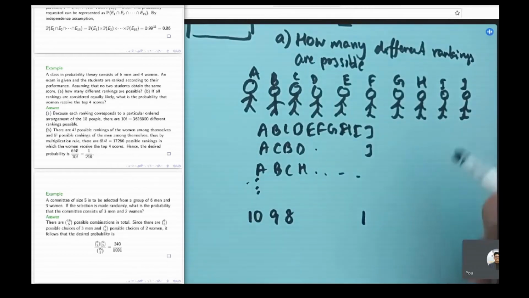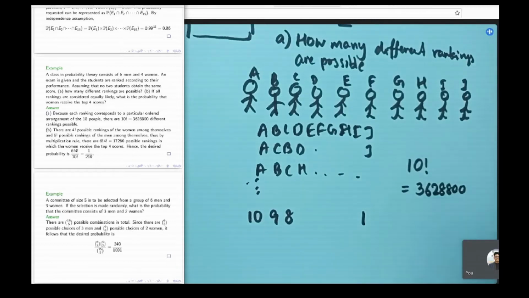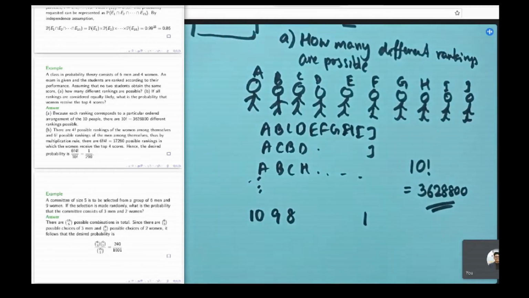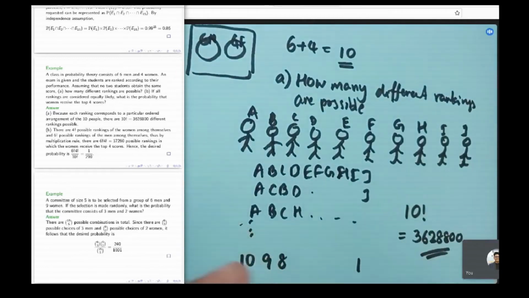In mathematical notation, that is 10 factorial, and the slide says the answer is 3,628,800 different rankings possible. It's interesting to see that when you treat them as individuals, you have 10 possible options.